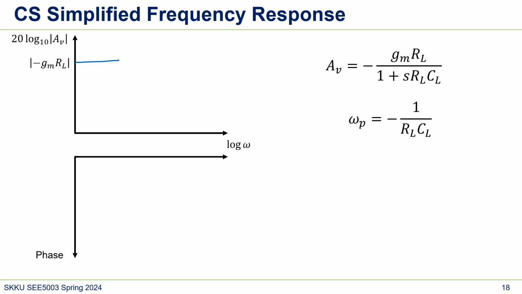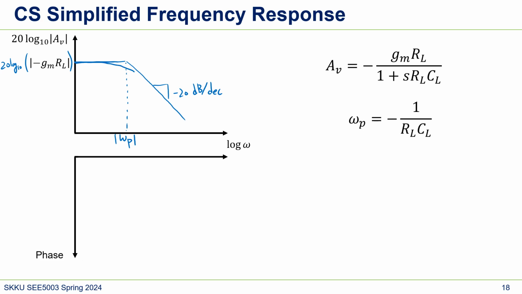this value, which should be 20 log 10 of this. So we start from DC, and the way we draw is we have a pole frequency, which is WP, and after that our slope will be minus 20 dB per decade.